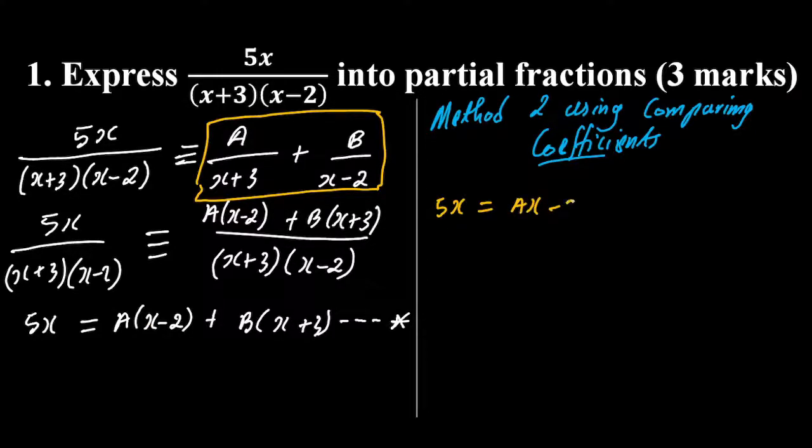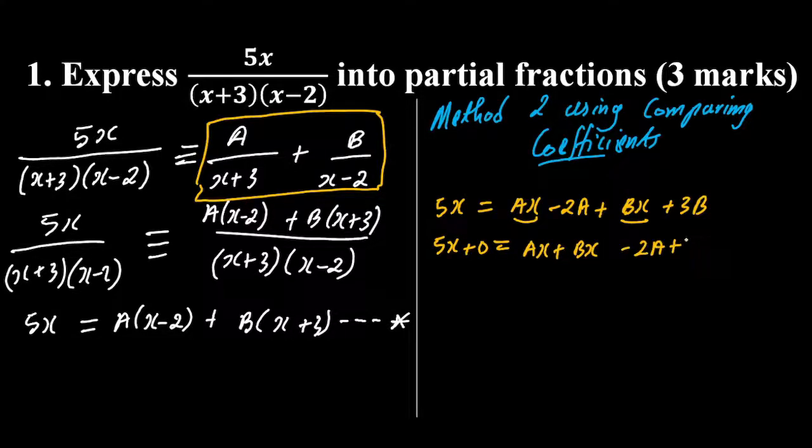A times minus 2, we have minus 2A, plus doing the same thing for B, we have Bx plus 3B. Here we have 5x. We can look at this as 5x plus 0, since 0 is a constant. Here we simply bring our like terms together. So I have 5x plus 0 on the left.